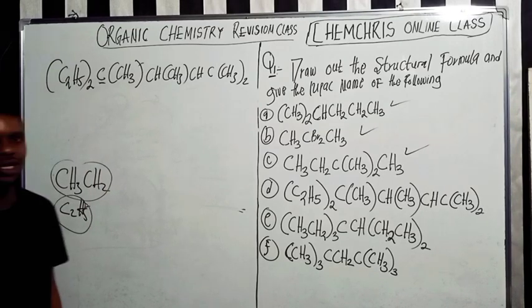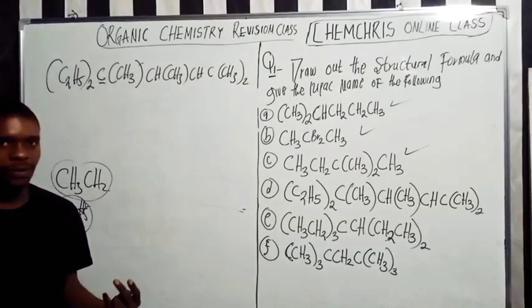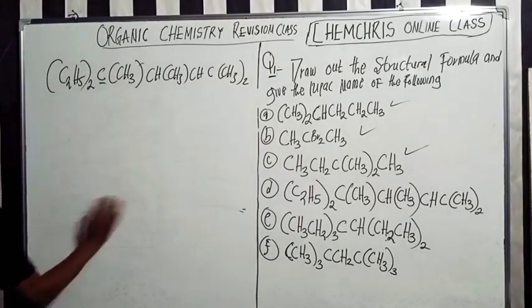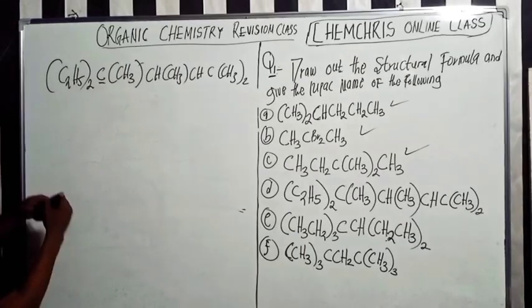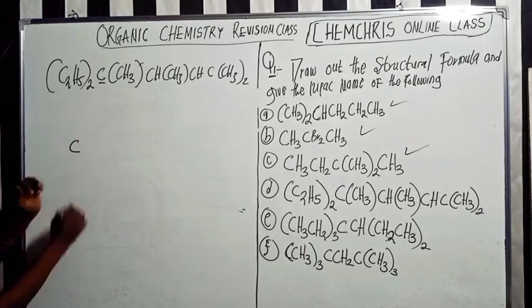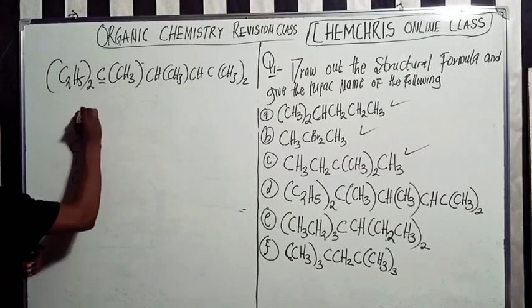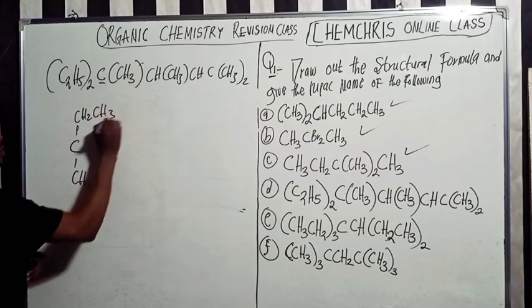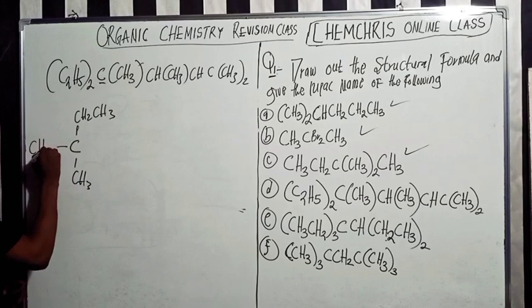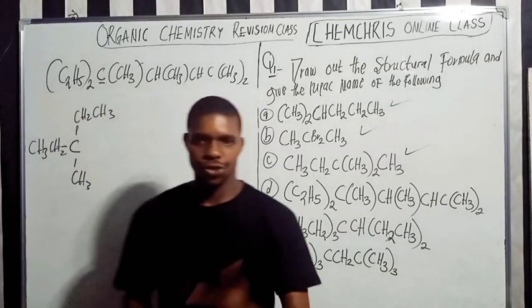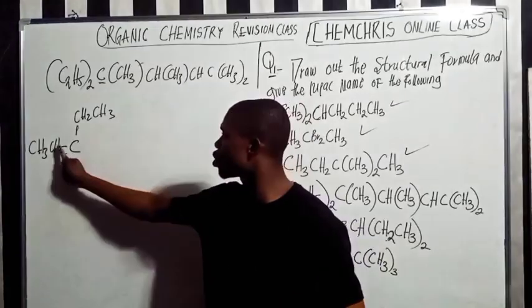They just want to confuse you if you actually know what you are doing. Do you understand? So this carbon you are seeing here is carrying a methyl group and two ethyl groups, CH2CH3, and here we have CH3CH2. Do you understand? So this is how the structure looks like.